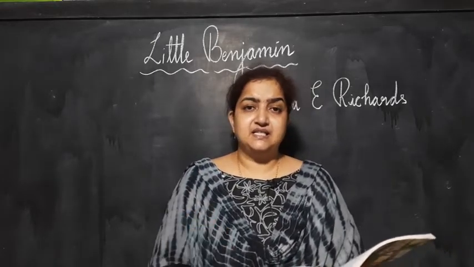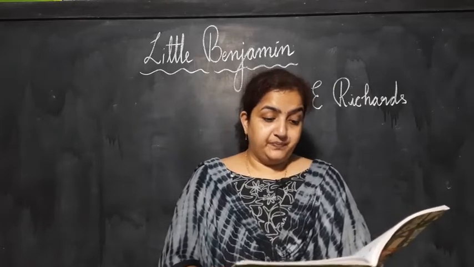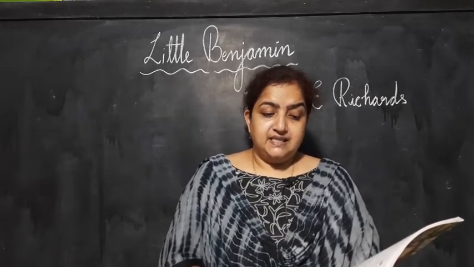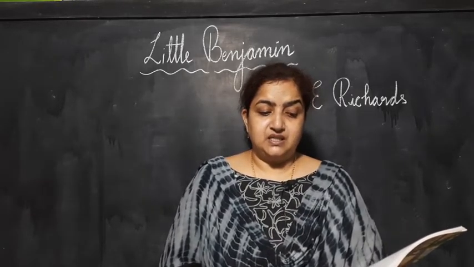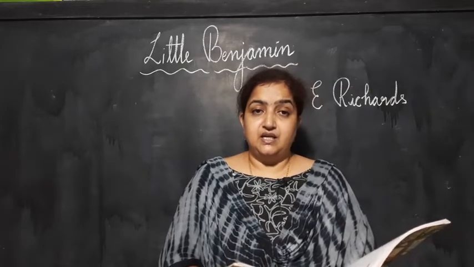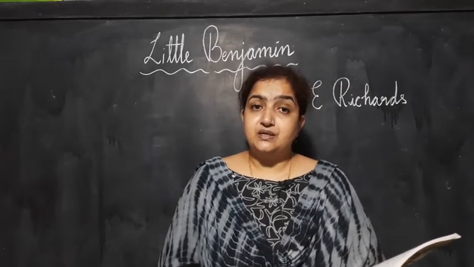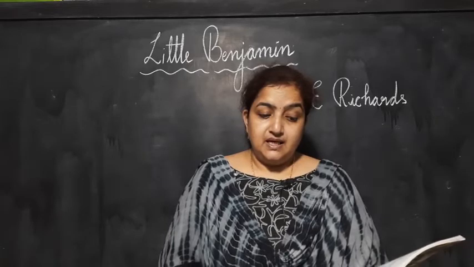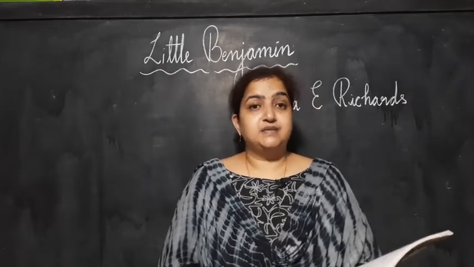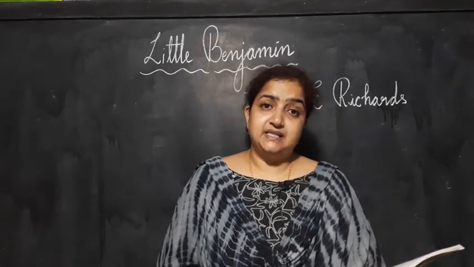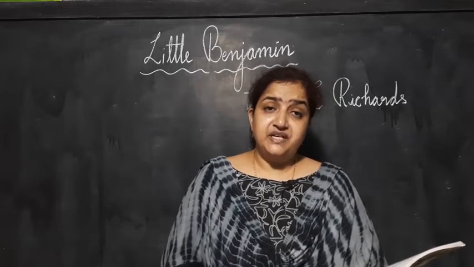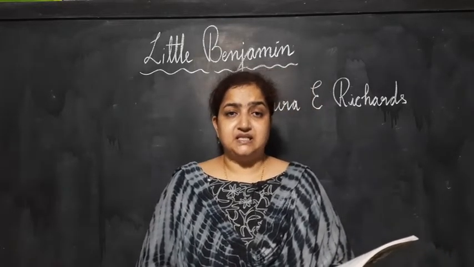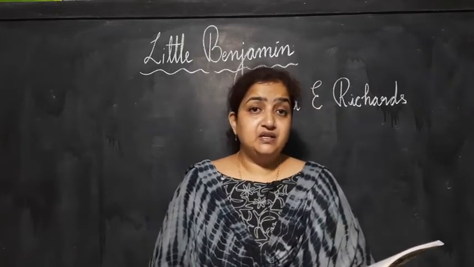His mother is dead. His father is a waster. She read it aloud. So what was written on the note? His mother is dead. This baby's mother is dead. His father is a waster. Waster means useless. Father will not take care of the baby.